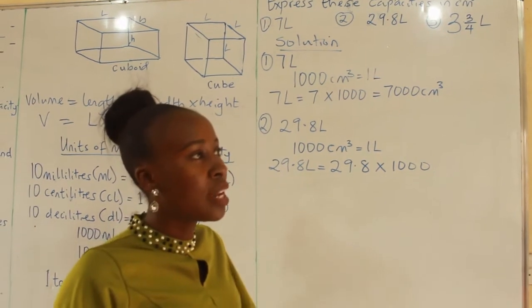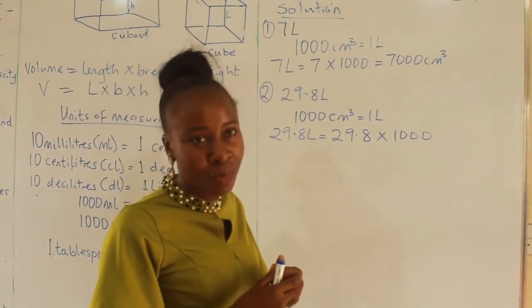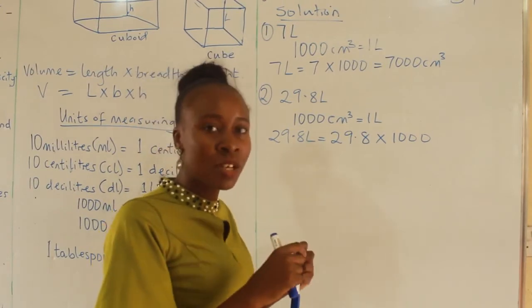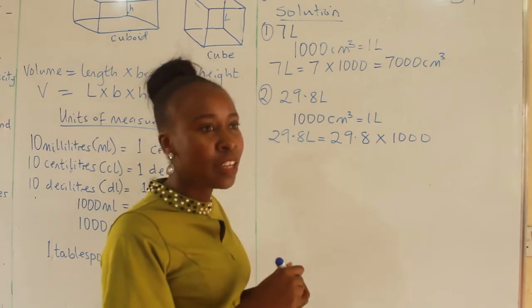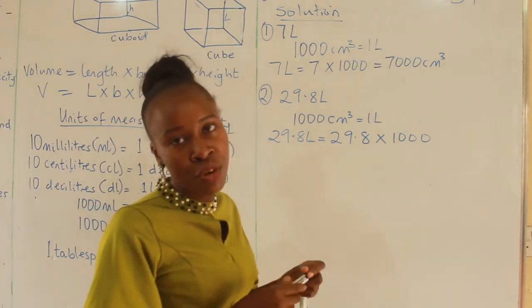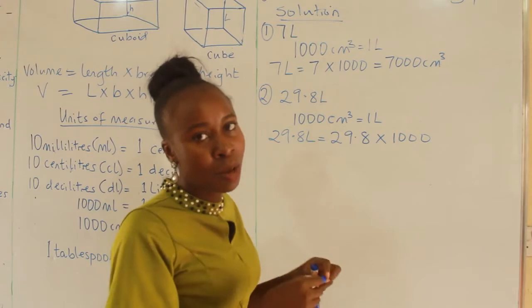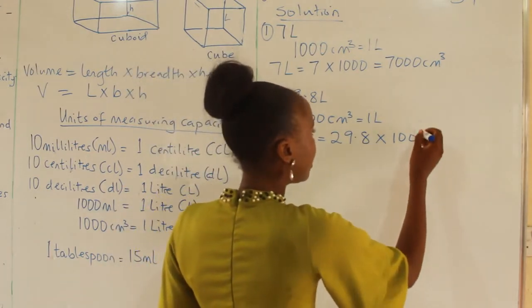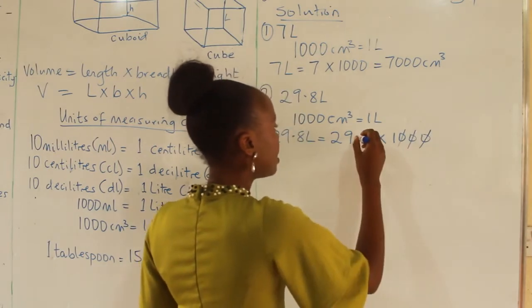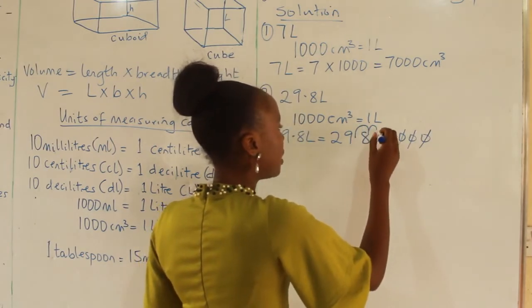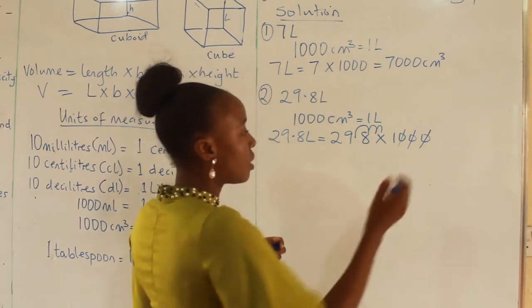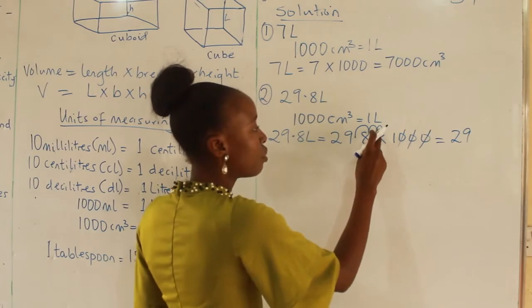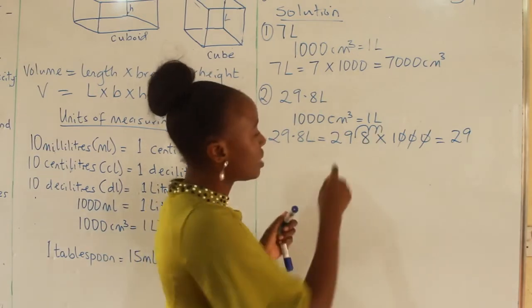And when we learned multiplication of decimals, I mentioned that one of the shorter methods of multiplying decimals is to cancel out the zeros and move your decimal point towards the right. So here I will cancel my 3 zeros and move the decimal point 3 places. What that means is that I will be adding 2 zeros to this number.